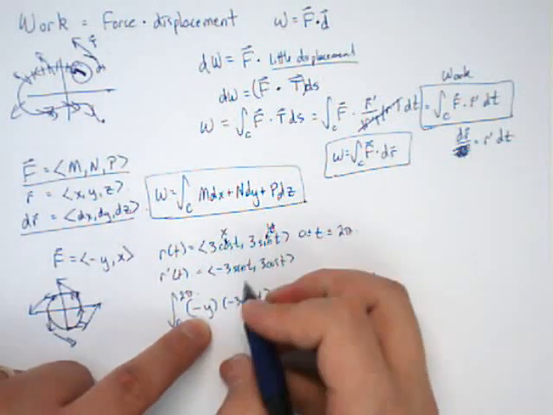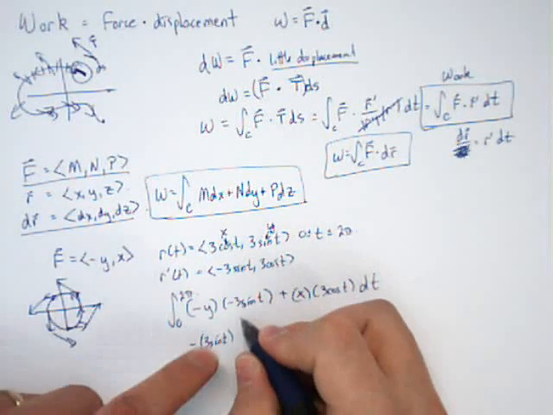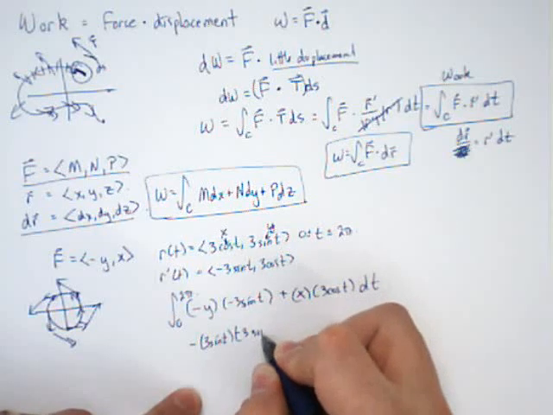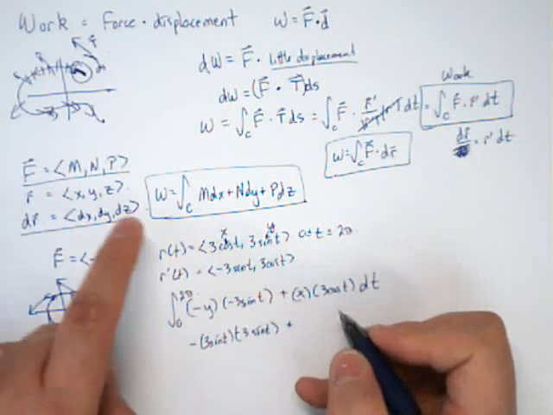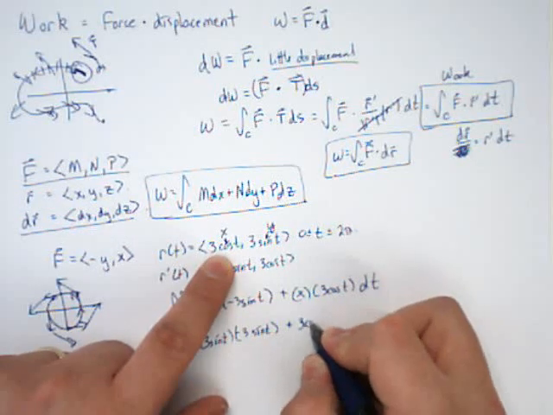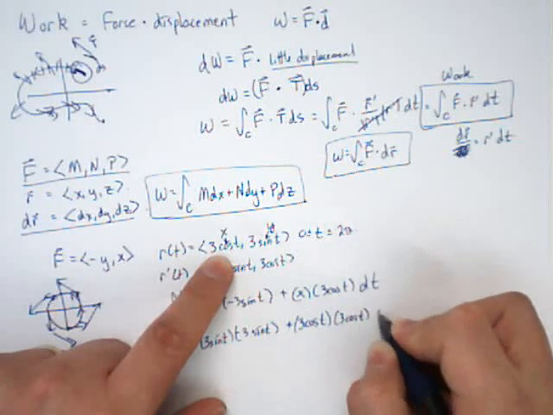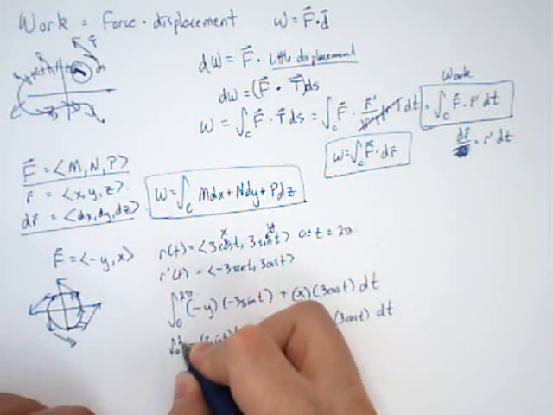So I can replace the y with 3 sine t, and I've got another negative 3 sine t. x is the x coordinate in our r, so that's 3 cosine t, 3 cosine t dt.